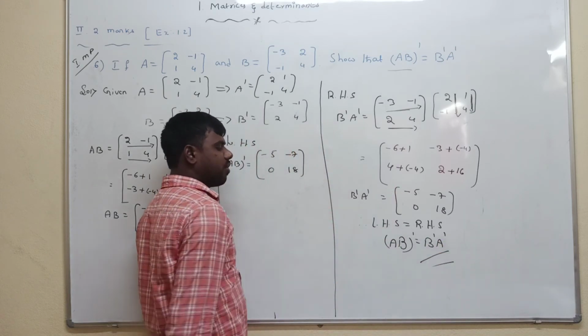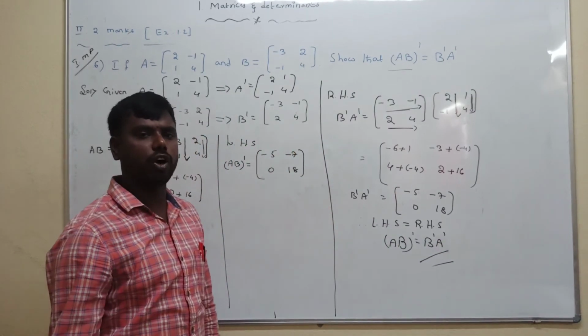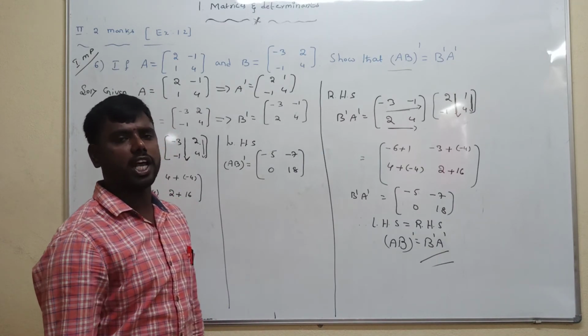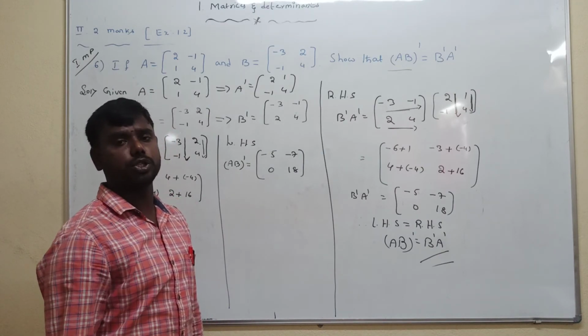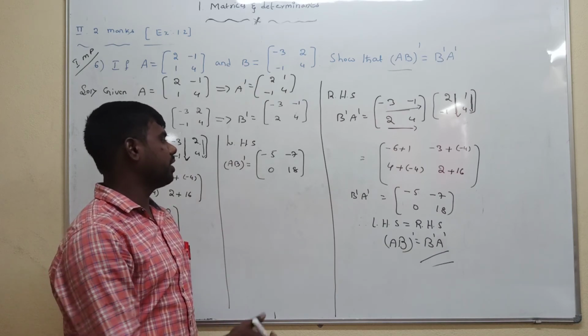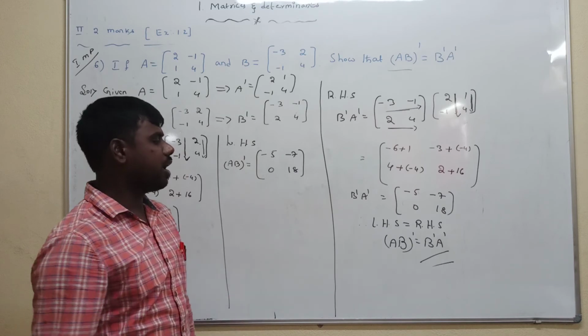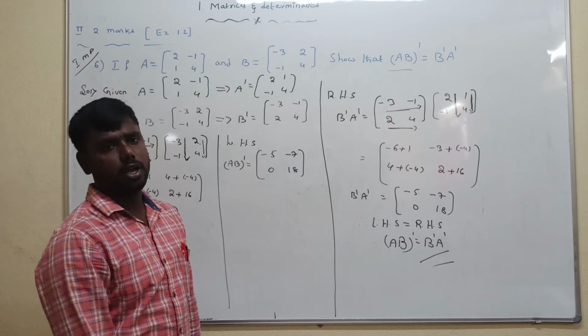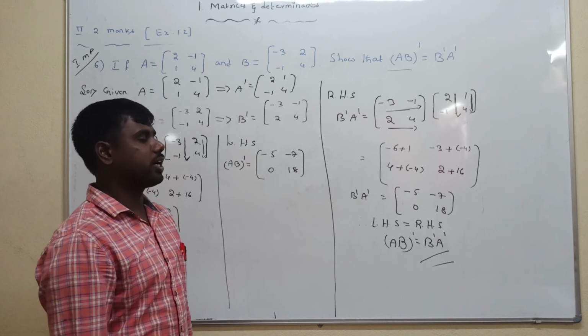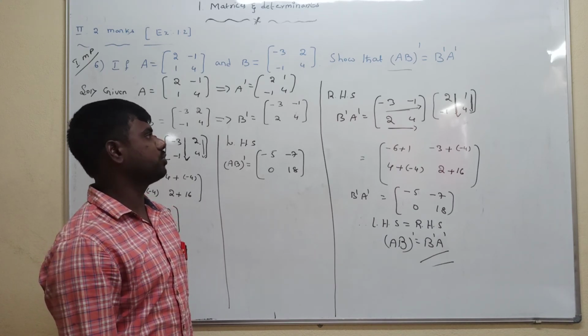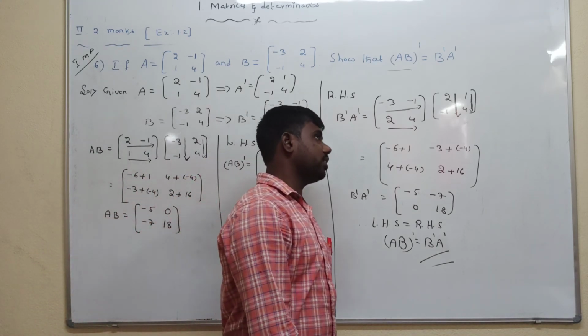Suppose both are not equal, you should write LHS is not equal to RHS, (AB) whole transpose not equal to B transpose into A transpose. But in this question, LHS and RHS both are equal. That's why we are writing LHS is equal to RHS. (AB) whole transpose is equal to transpose of B into transpose of A. These are the solutions for this question.